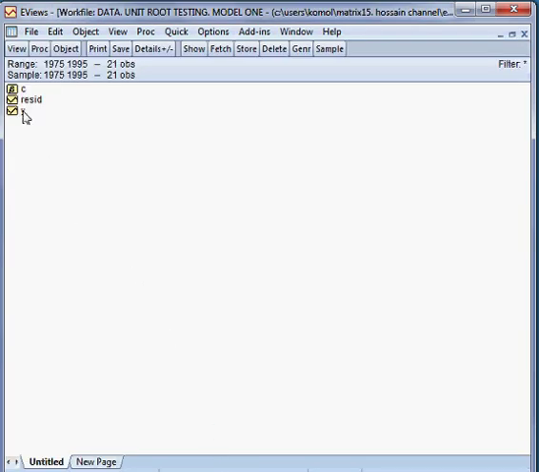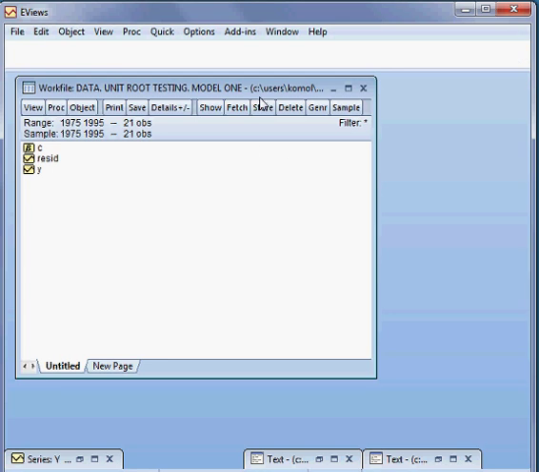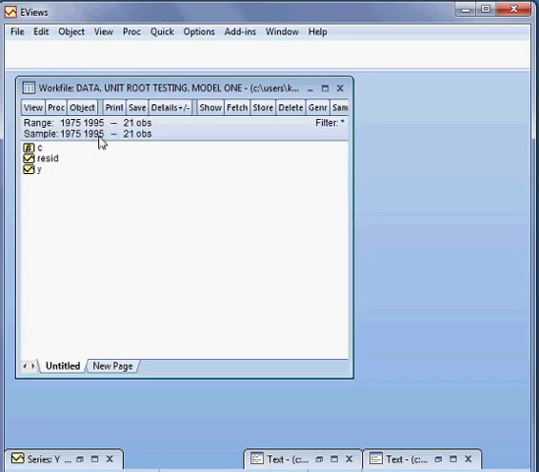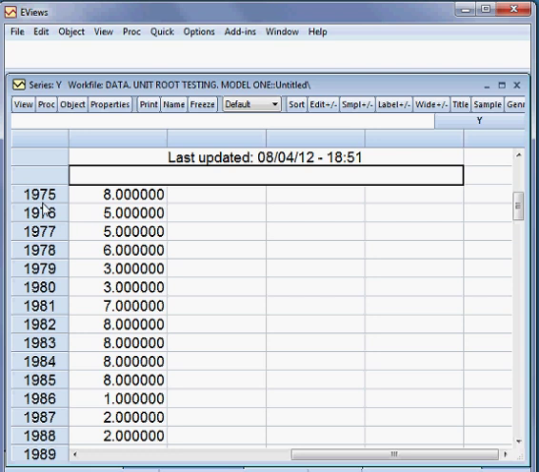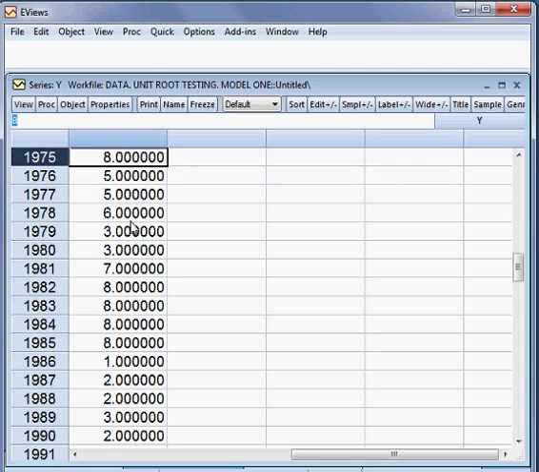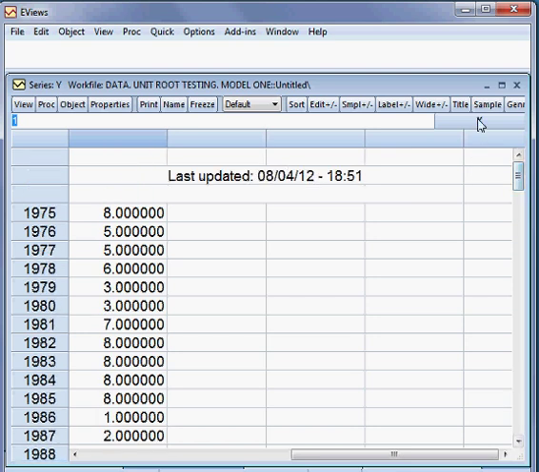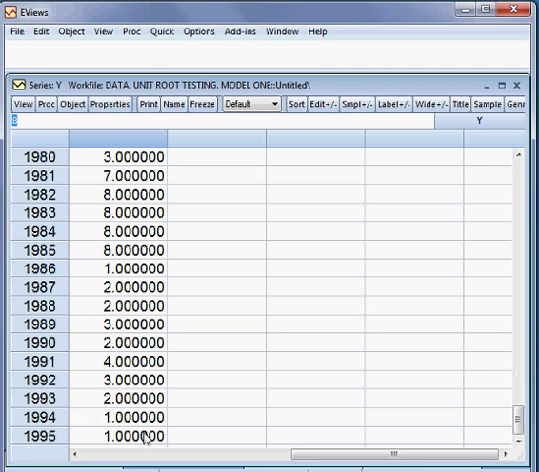Here is the y. What is y? You can see the y is the variable from 1975 until 1995.